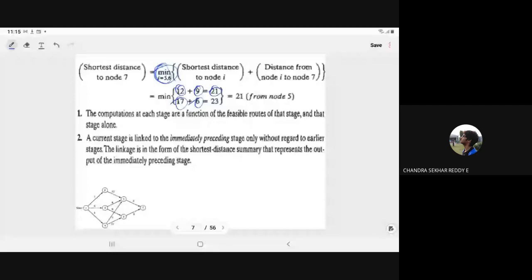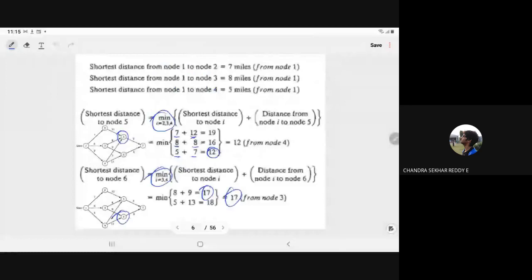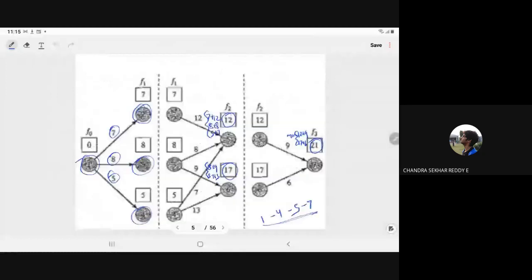Means if you are doing the calculation from here, you have to take the data of this, only the 12 and 17. How the 12 and 17 are coming, you do not have to consider. Just consider the current data. You do not have to consider what was in intermediate city 2 or intermediate city 1.